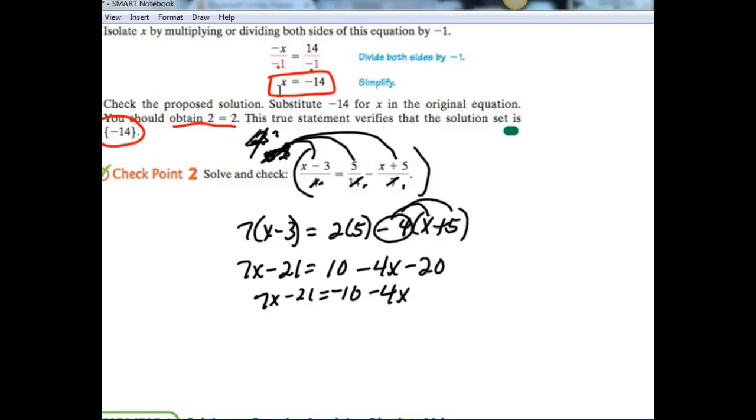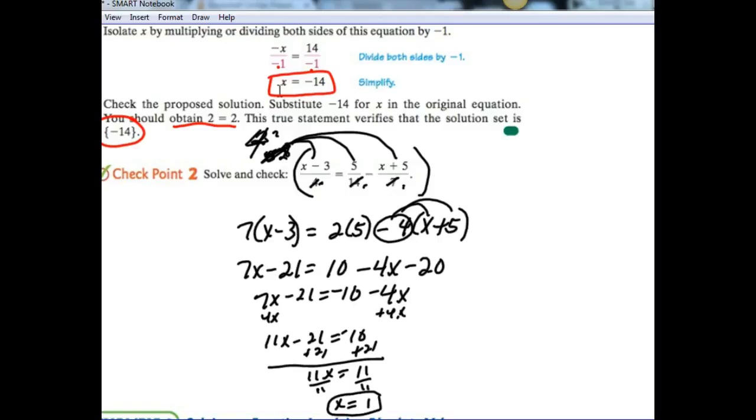Now, I need to get my x's together. I like my x's on the left. It really doesn't matter. But I'm going to add 4x over here to get 11x minus 21 equals negative 10. Now I'm going to add the 21 over to get the numbers together. And 11x ends up being 11. If I then divide both sides by 11, x ends up being 1.